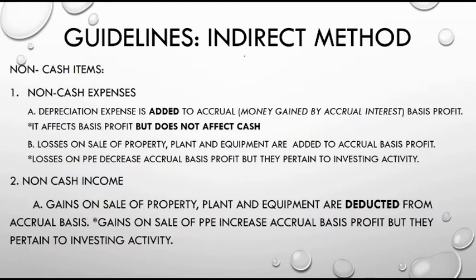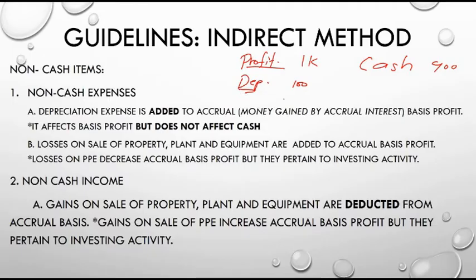Kumbaga, parang ito yon. Kung ito si profit, tapos depreciation expense, ang kailangan lang natin, di ba, si cash. Kung si profit mo ay 1K, sa indirect method, kung meron kang depreciation na 100, pwede sa cash, you have 900.